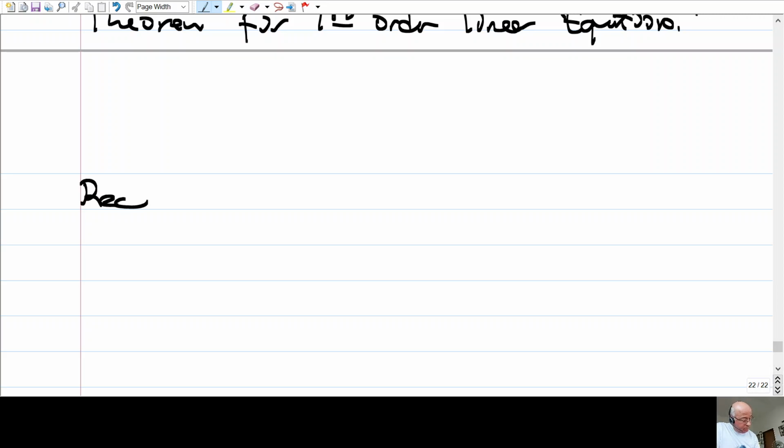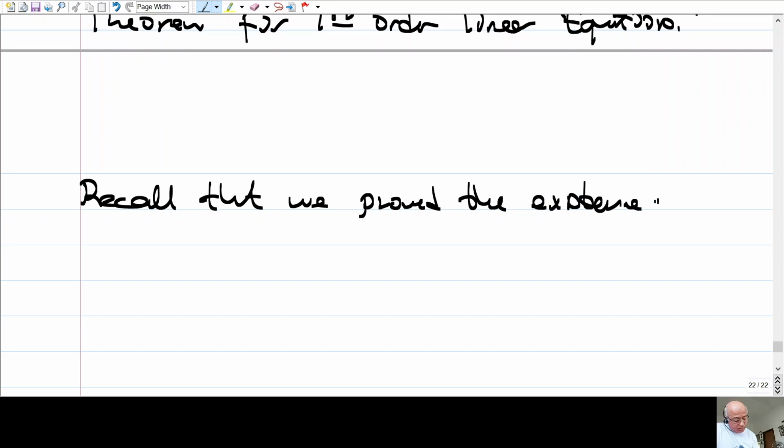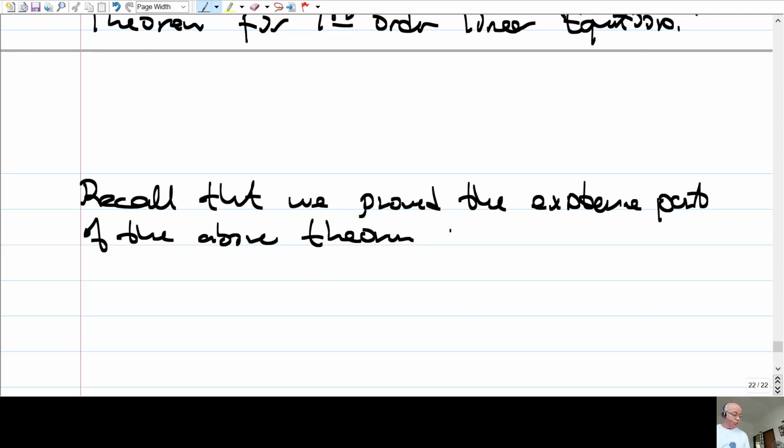Recall that we proved the existence part of the above theorem using integrating factors.